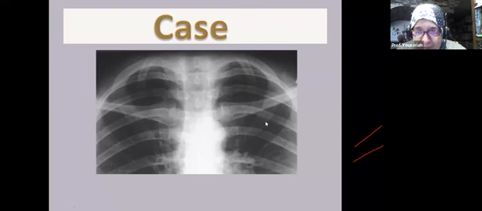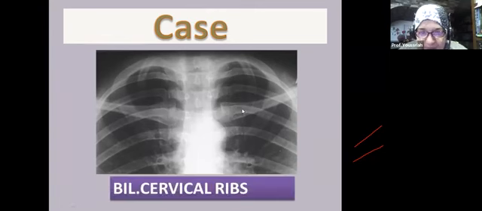The first rib either crosses the middle of the clavicle, the part of the clavicle crossing the lung at its middle, or its lateral aspect. It does not cross medially. So we have a rib reaching the medial aspect of the clavicle. This again is a cervical rib. So this is bilateral cervical rib. Again, a cervical rib does not reach the clavicle, and if it reaches the clavicle, it reaches the medial aspect of the clavicle.